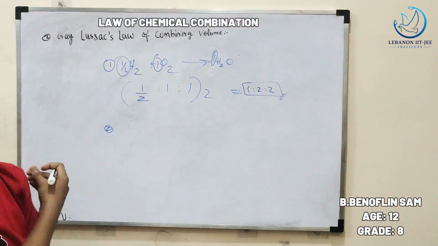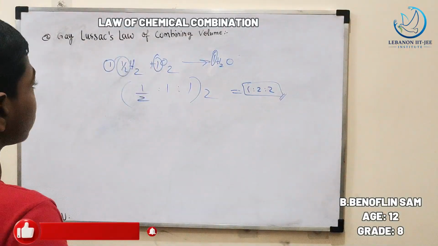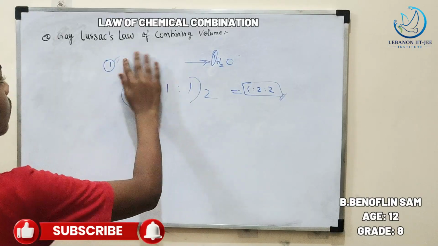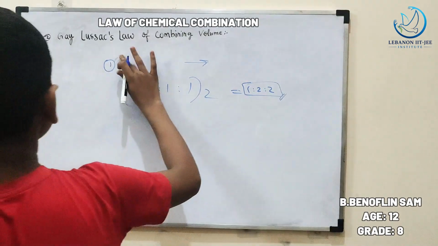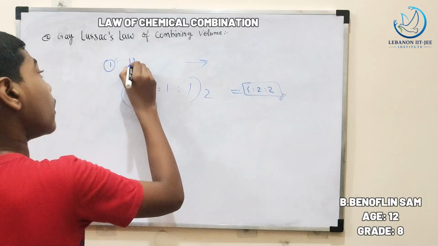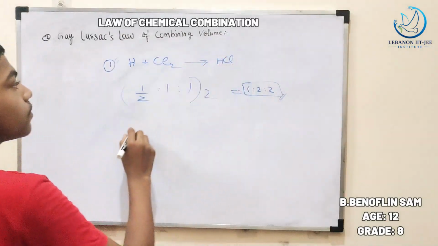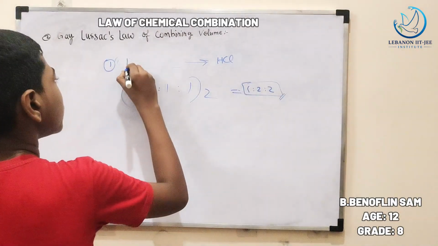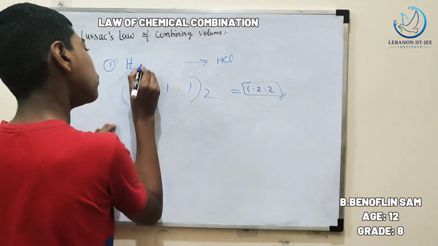We could take another one. So you understand this now. What if it shows like this? This one we'll take the simplest one, H plus Cl2 giving HCl, and this one H2O.